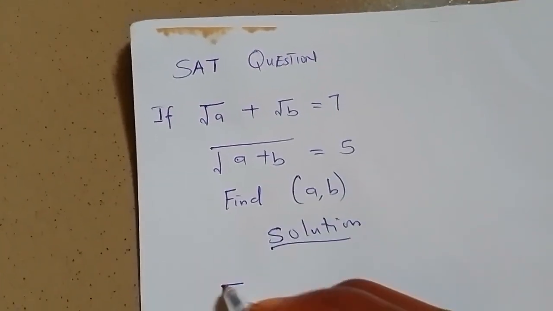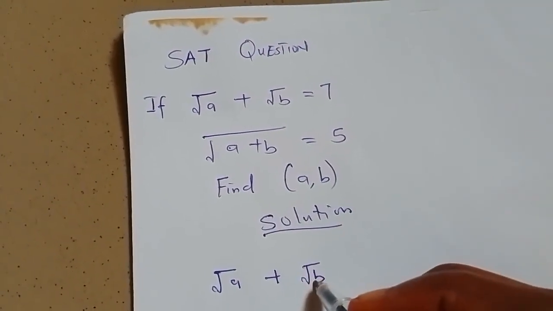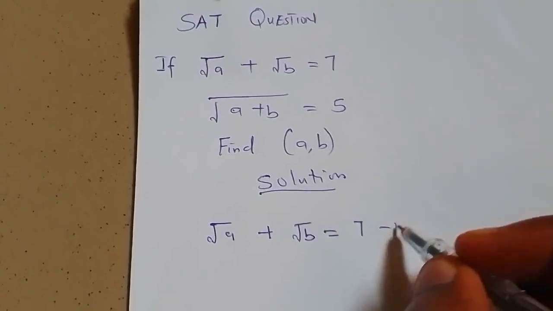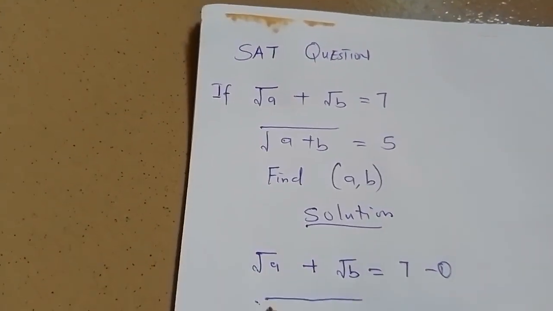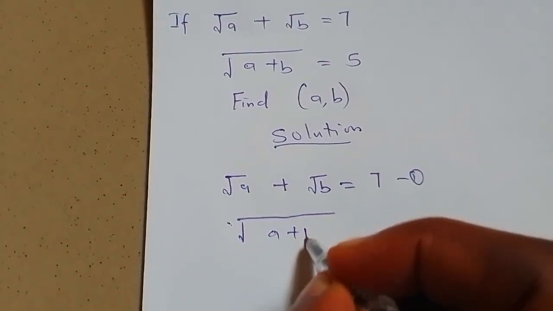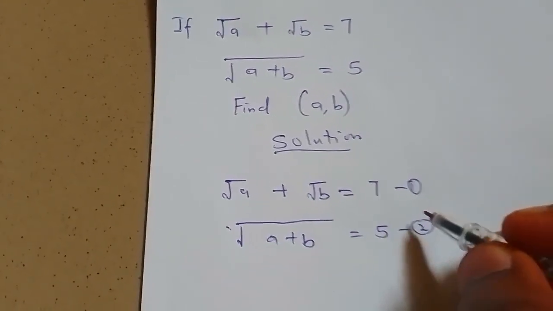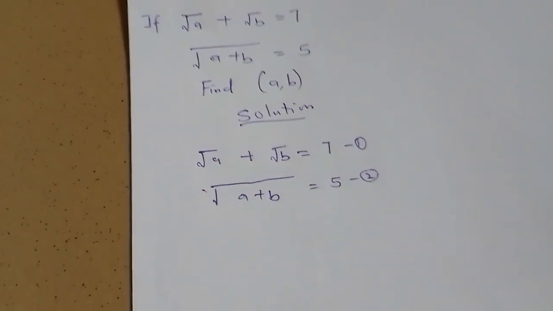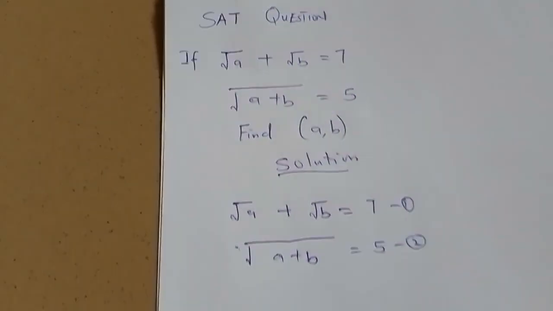Now I have the square root of a plus the square root of b equals 7. This is equation 1. And then equation 2 was the square root of a plus b equals 5. Now what I will do is square both equations.